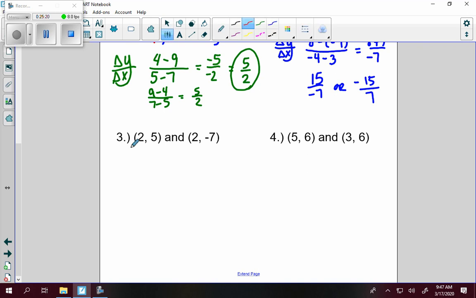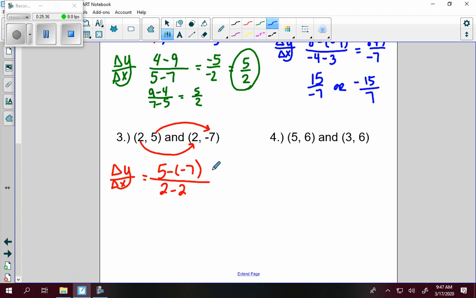I'm going to do the change of my y's over the change of my x's. So I have 5 minus negative 7 over 2 minus 2. At this point, I'm going to get a number for the top and 0 for the bottom. Oh no! We'll talk about that in a minute.